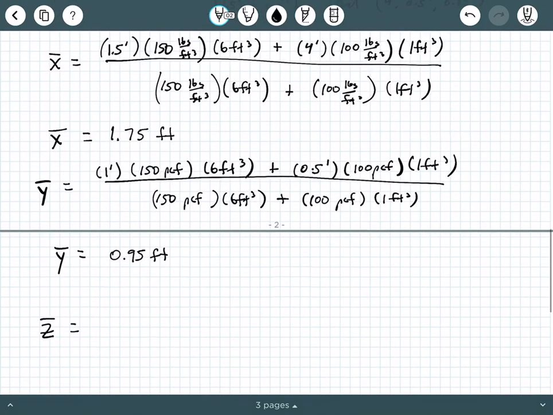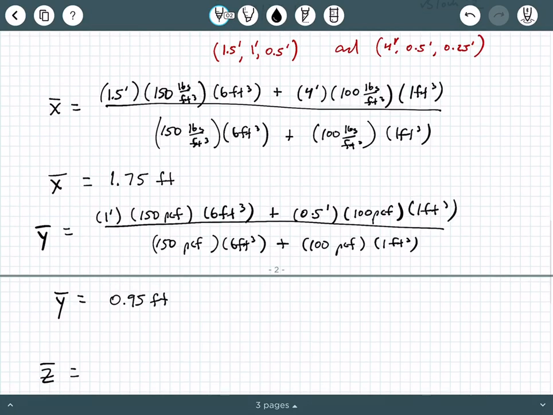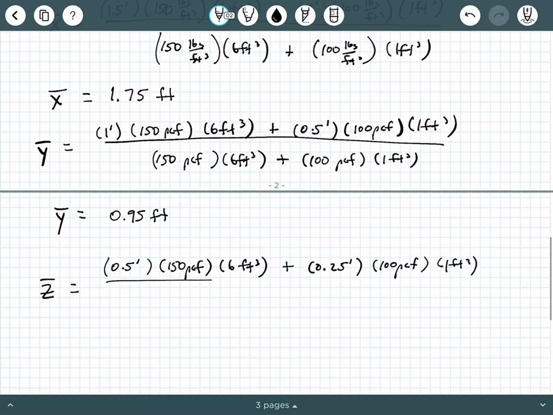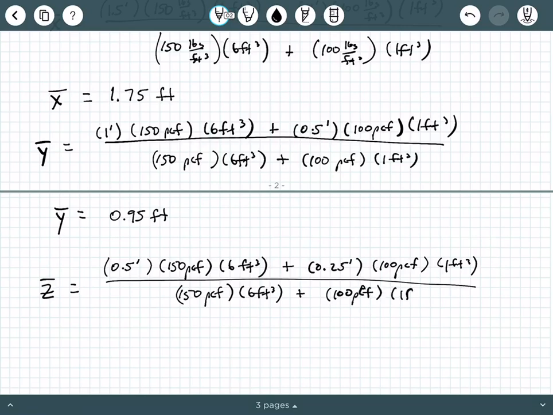And then Z bar, same process. 0.5 feet times 150 PCF times 6 cubic feet plus 0.25 feet times 100 PCF times 1 cubic foot, all divided by 150 PCF. Probably would have been easier just to compute this denominator standalone earlier, so we got one number we can just keep referring back to, but that's okay.